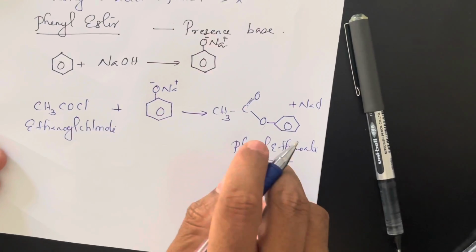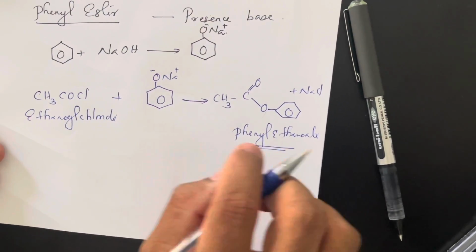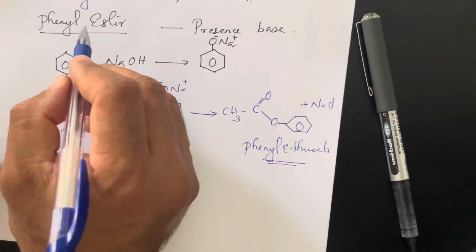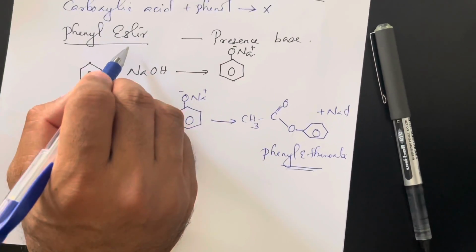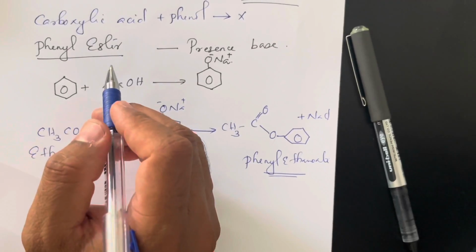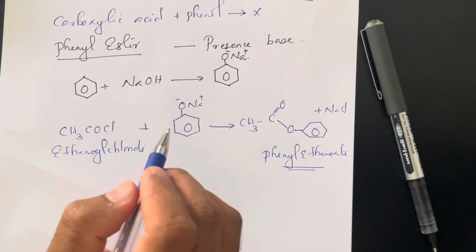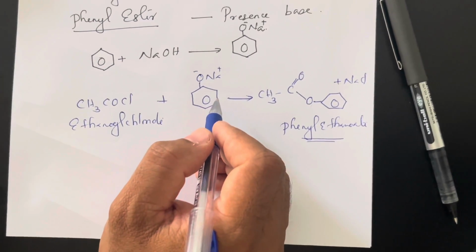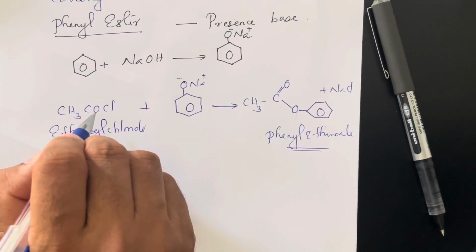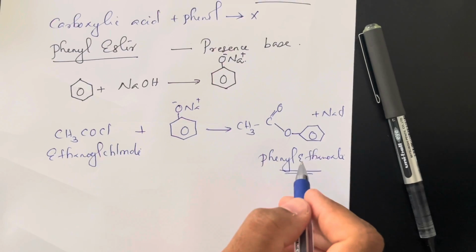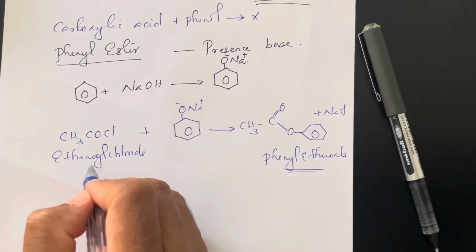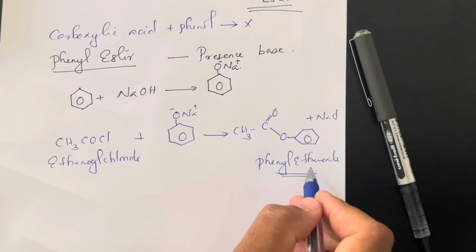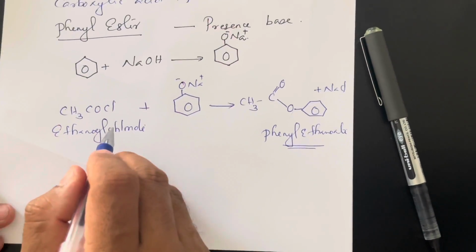If you want phenyl benzoate, you take benzoyl chloride with sodium phenoxide. Just remember, if you want to prepare a phenyl ester, always use an acyl chloride with sodium phenoxide. Based on which ester you want to prepare, you choose the acyl chloride. If you want to prepare phenyl ethanoate, take ethanoyl chloride. If you want to prepare phenyl benzoate, take benzoyl chloride.